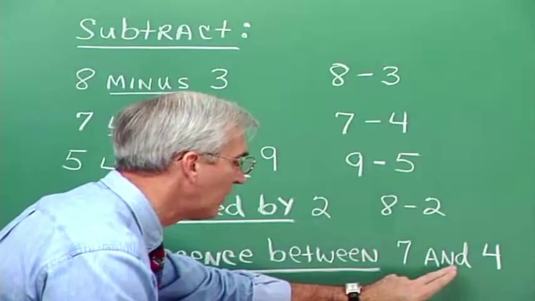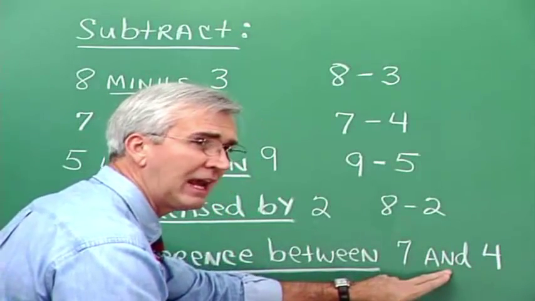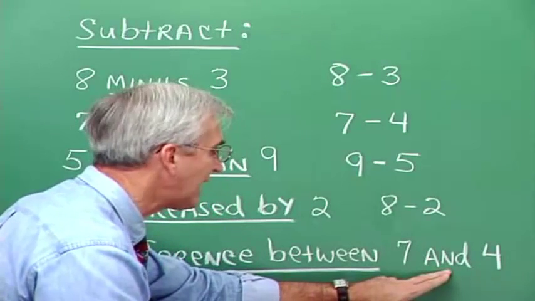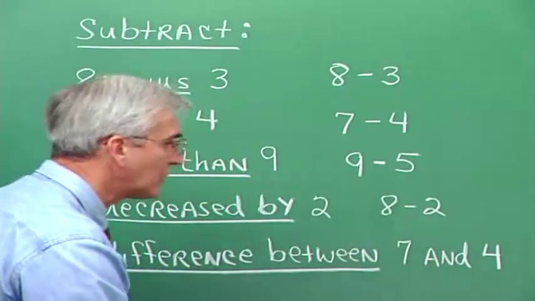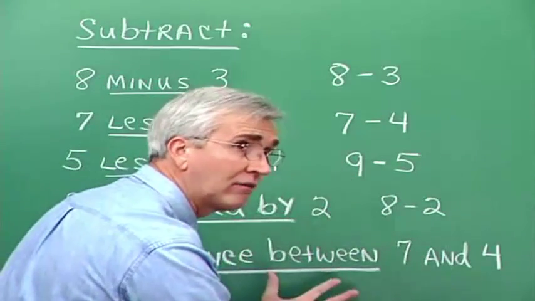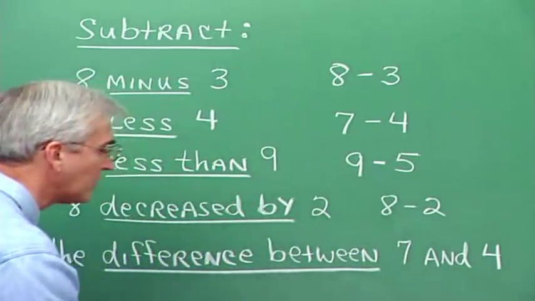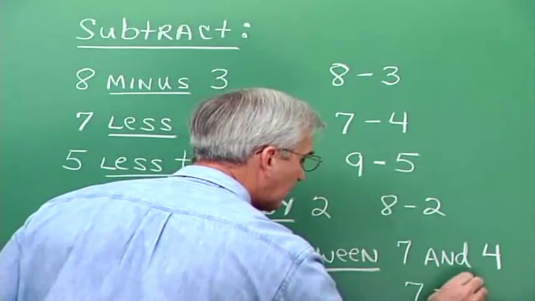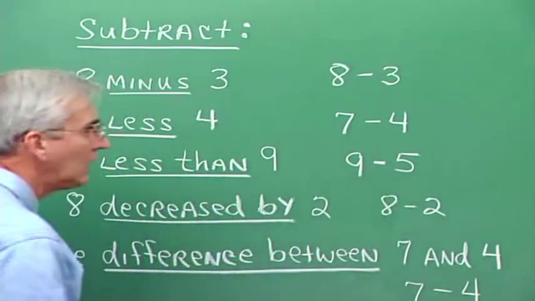And notice that and is used here, but and certainly doesn't imply addition. The and is just illustrating the numbers that are involved in this subtraction situation. So difference between 7 and 4 means 7 minus 4. All right, that's the idea.